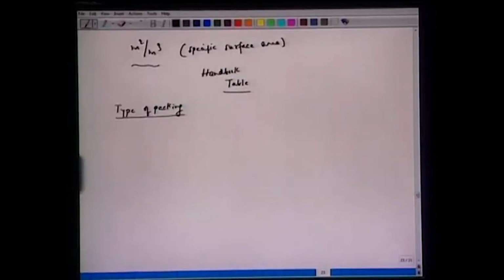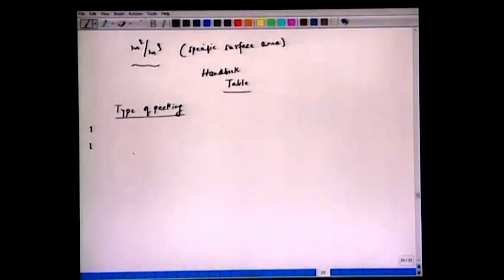So if you look at type of packing, there will be serial number 1, 2, for example, type of packing, then there will be material here. So maybe it says ceramic. So most of the packings, maybe they are made of ceramics. It's also possible that they're made of alumina, stainless steel, etc. So the material of construction of the packing.